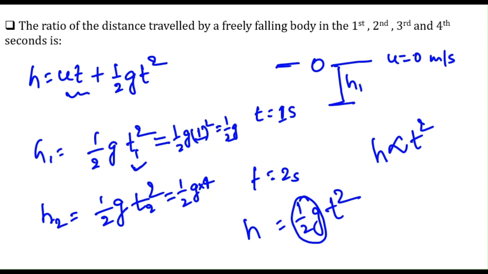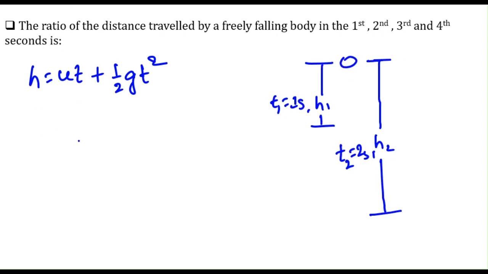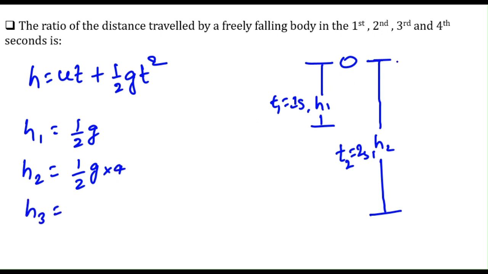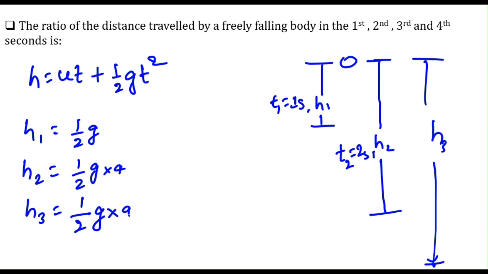Let's check. So we can write S1 equals 1 by 2 into g, S2 equals 1 by 2 into g into 4, and similarly S3 will be 9, and H4 equals 1 by 2 into g into 16.